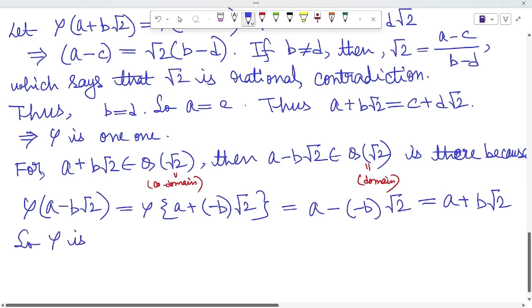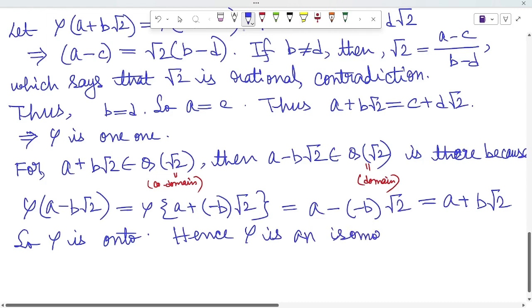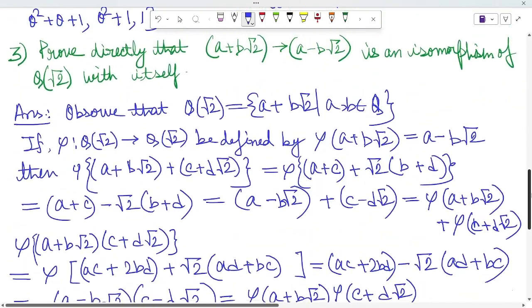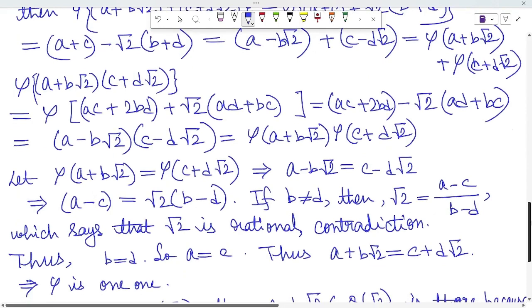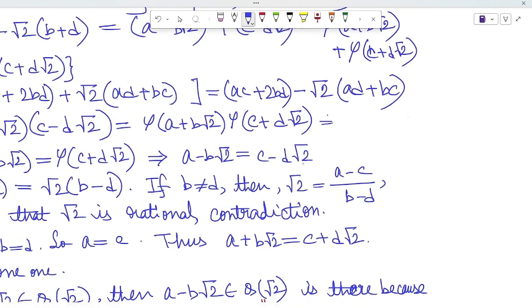So psi is onto, hence psi is an isomorphism. That means psi is a homomorphism.